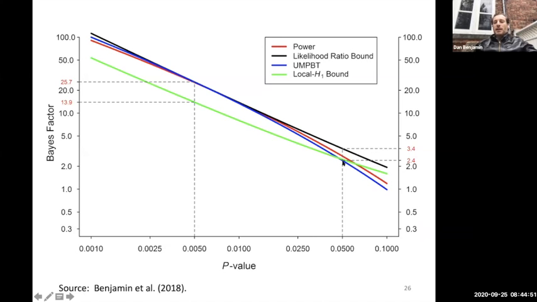So we should be thinking of a p-value of around 0.05 as giving us at most 3-to-1 evidence in favor of the alternative relative to the null. It might be less than that, depending on what the actual alternative is, but in a best case scenario for the alternative, it's about 3-to-1 evidence for the alternative.